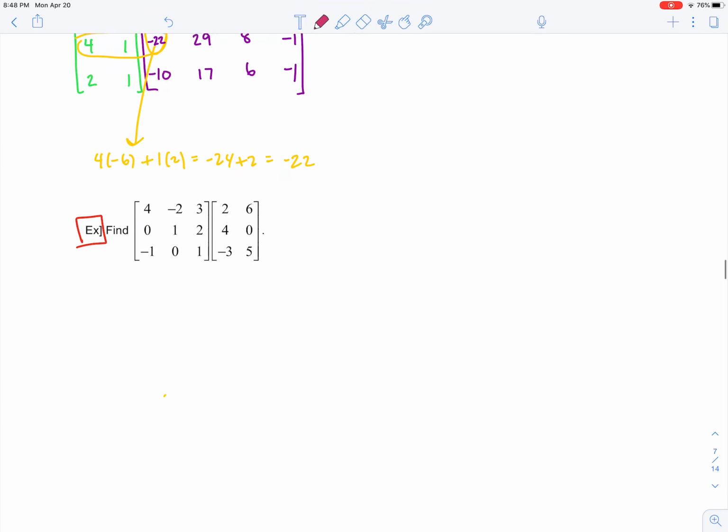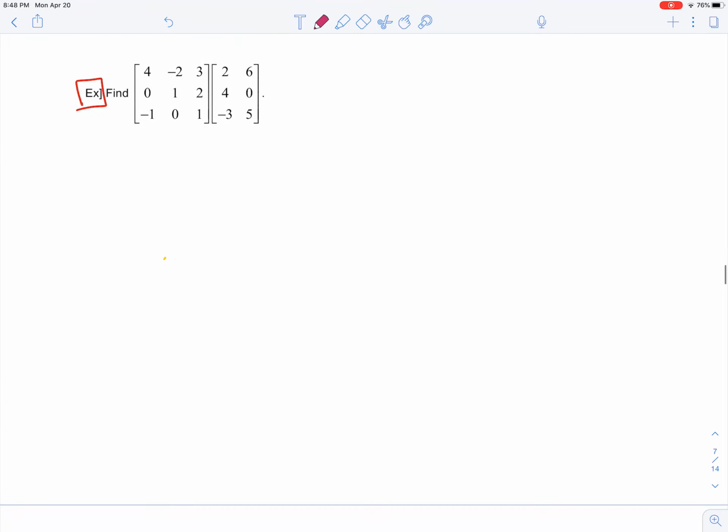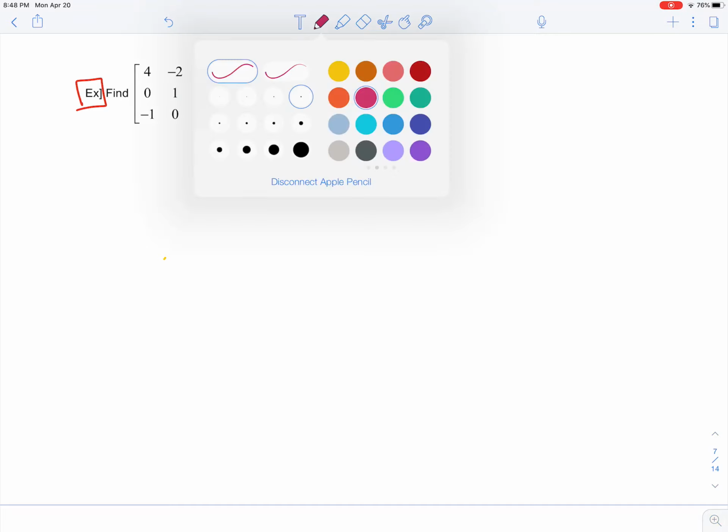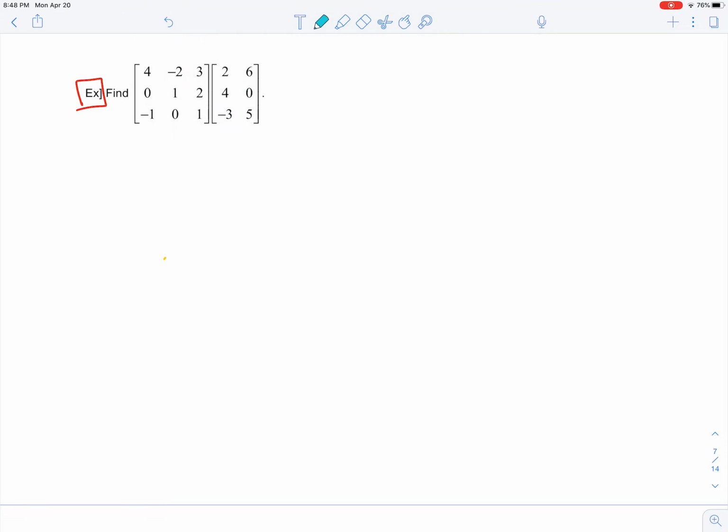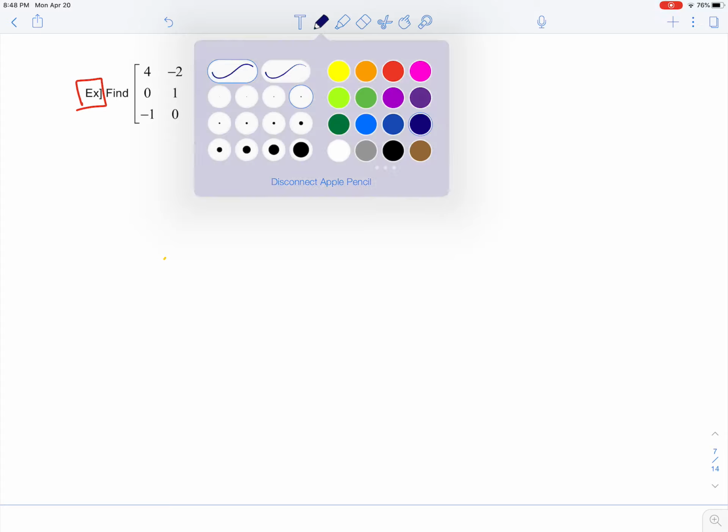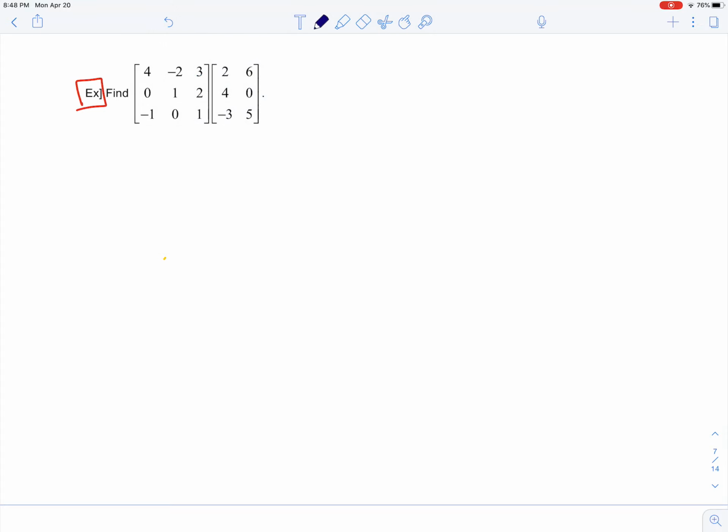Next, we're going to take a look at matrix multiplication. So here I have a 3 by 3 matrix times a 3 by 2 matrix. I like to write them offset from each other, kind of diagonal from each other, because it's easier to see the size of your product. So I'm going to write my 3 by 3 matrix here.